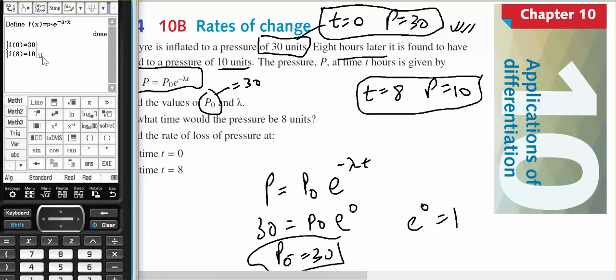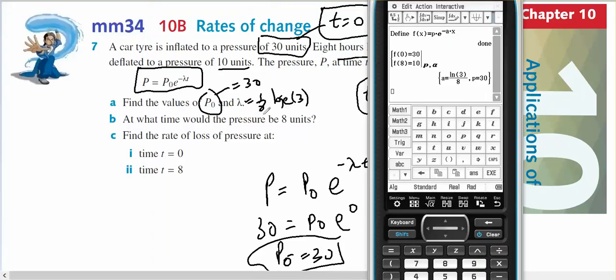I want to solve this for P, comma, lambda, and press EXE. And I get those two answers. So there's my values for P0 and lambda, which is part A.